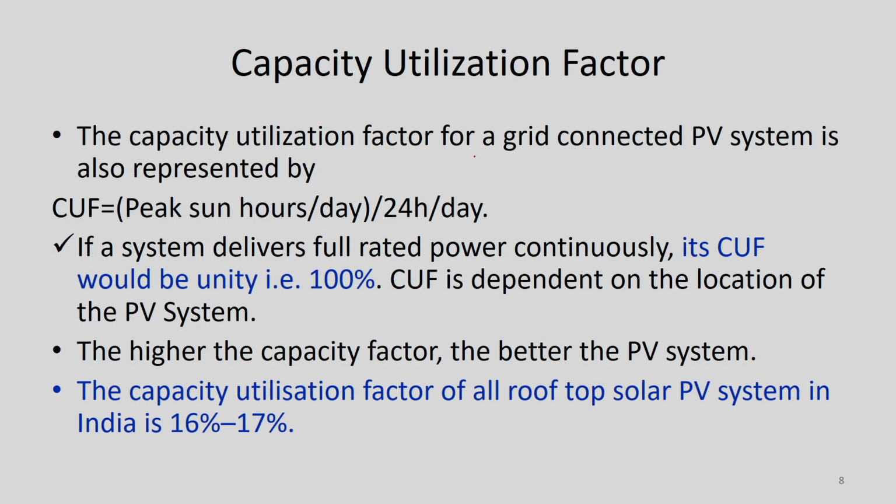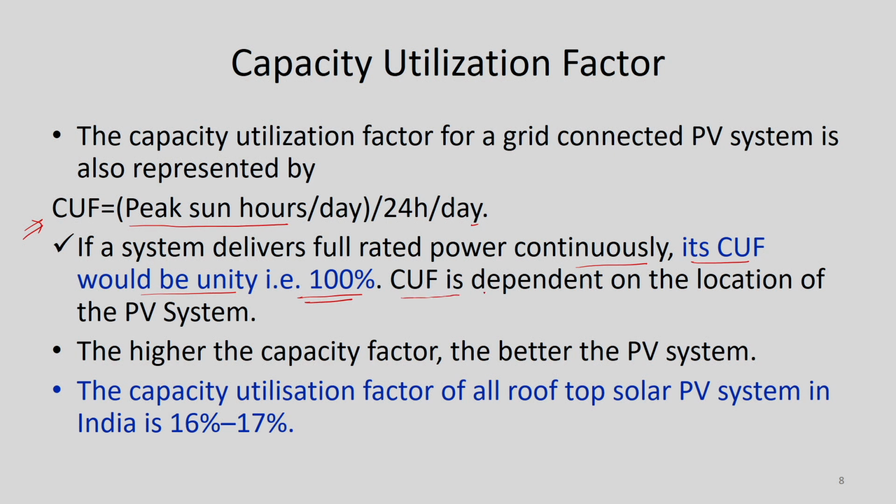This capacity utilization factor for a grid connected system can also be estimated by using this expression. If we know peak sun hours per day and 24 hours per day, this will give capacity utilization factor. So, if a system delivers full rated power continuously, its capacity utilization factor would be unity, that is 100%.